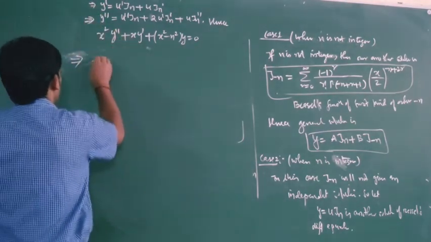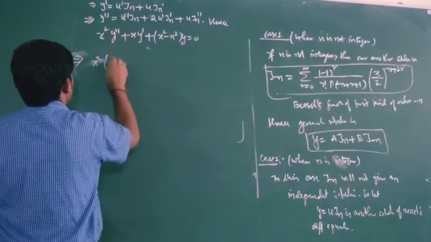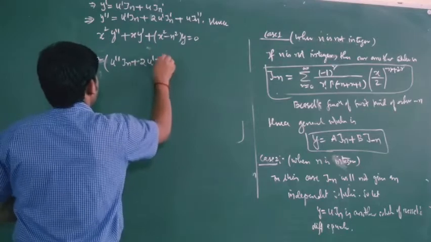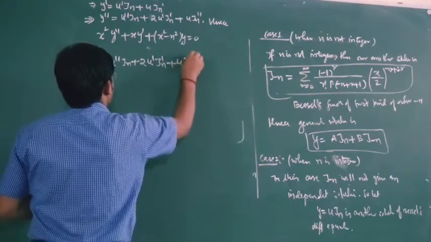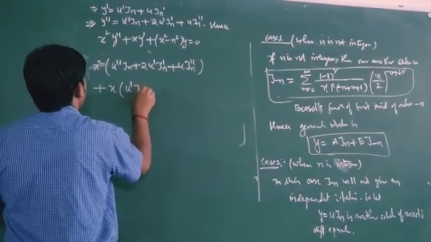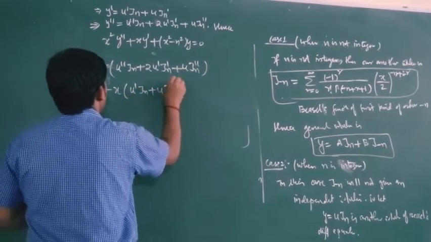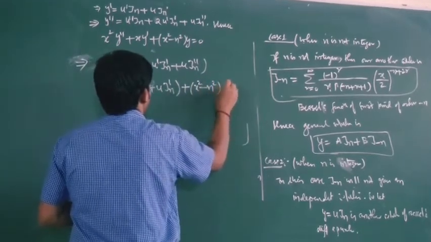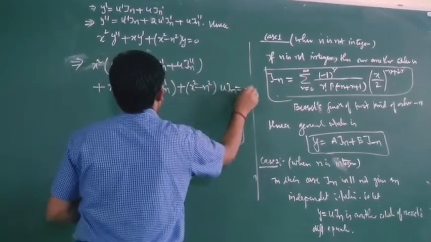So we have x square times y double dash, that is u double dash Jn plus 2u dash Jn dash plus u Jn double dash, plus x times y dash, that is u dash Jn plus u Jn dash, then plus (x square minus n square) times y, that is u Jn, equal to 0.